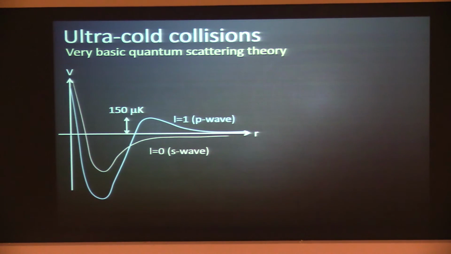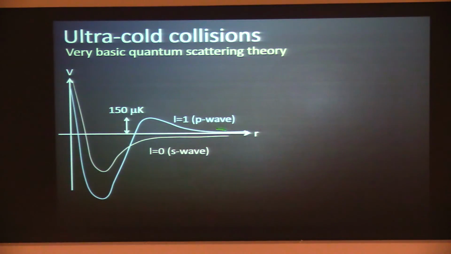The reason I brought this up is that it's really important. In all the experiments we do, remember I told you the characteristic scales are like 100 nanokelvin? Well, 100 nanokelvin is a lot smaller than the size of that P wave centrifugal barrier, which is hundreds of microkelvin. So in the experiments we do, for the most part, we have only S wave collisions, only zero angular momentum collisions, L equals 0.